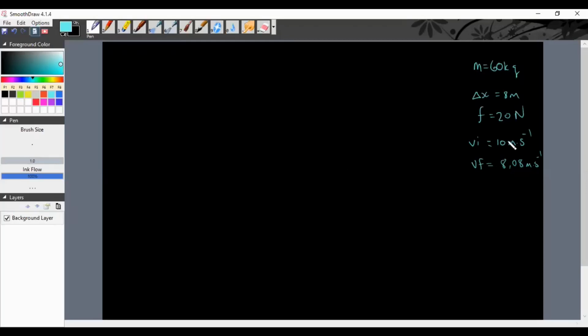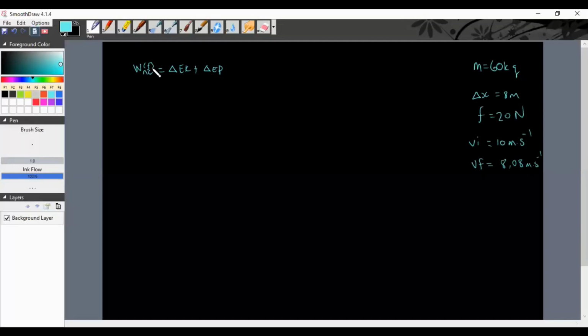So now that being said, we can use the W_nc is equal to the change in EK plus the change in EP formula, because the non-conservative force over here was friction. So we can calculate the work done by friction.